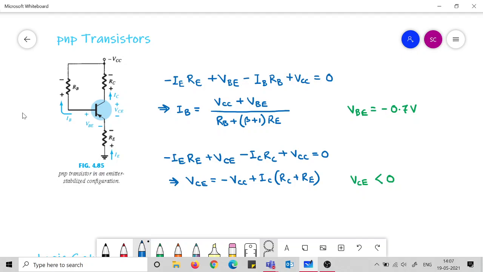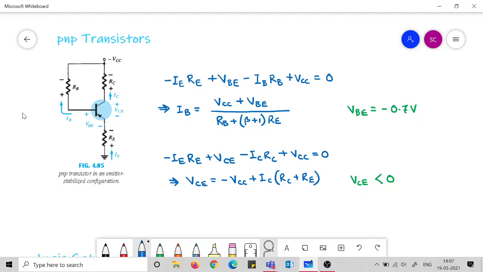So we are facing a drop here, IERE, minus IERE, then plus VBE, and then minus IBRB, and then it is minus VCC. So that means there is a plus VCC. From here to ground the voltage is increasing, so plus VCC would be equal to 0.